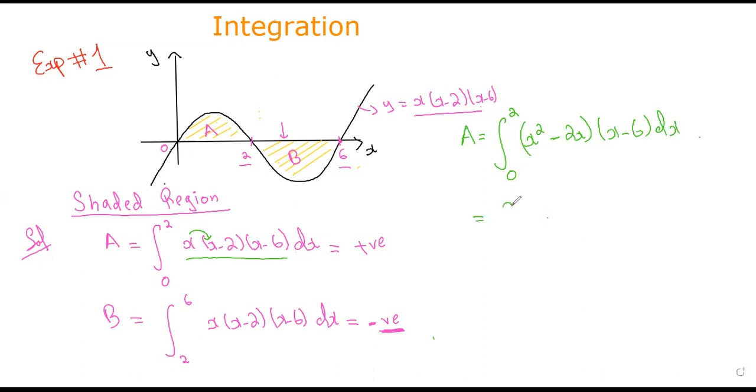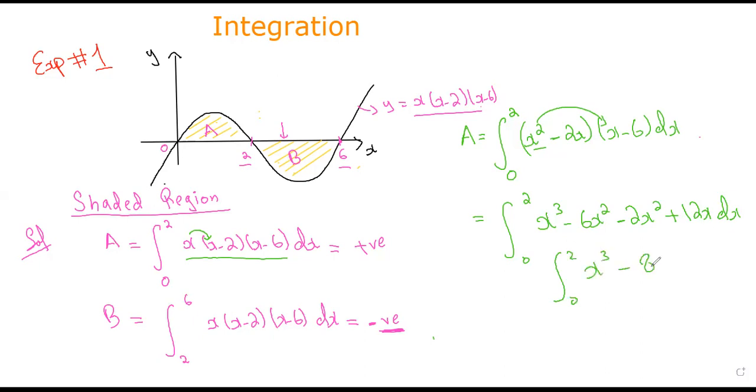Multiplying both of these factors, this would give me x cubed minus 6x squared minus 2x squared plus 12x dx. Simplifying, x cubed minus 8x squared plus 12x dx.